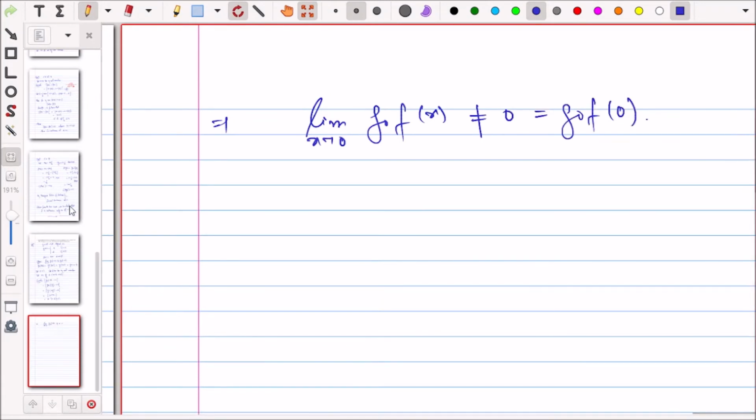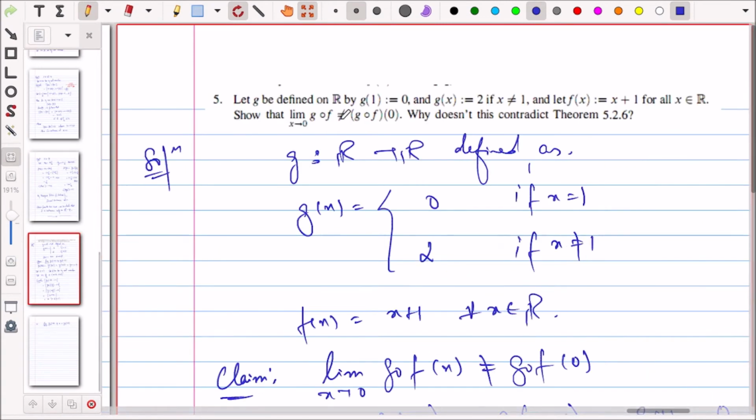And why is this happening? If the limit were equal, the function would have been continuous at x equal to 0, but because the value of f at 0 is 1 and g is discontinuous at 1, that's why this is failing to hold.